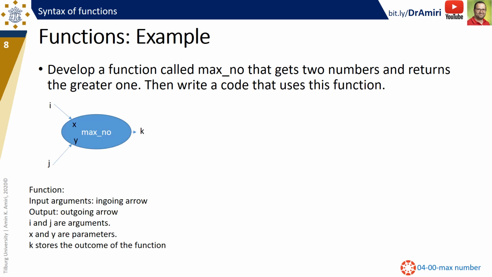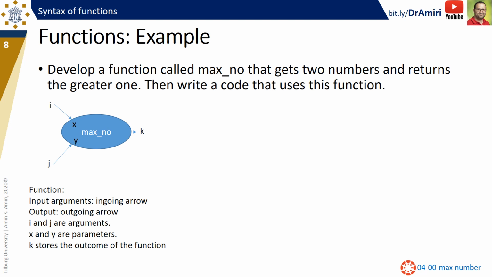Let's see an example of a function. Here, I would like to develop a function called max underscore no, that stands for max number. This function gets two numbers and returns the greater one. And we also want to write a code that uses this function. As you can see here, I usually use visual representations for a function.